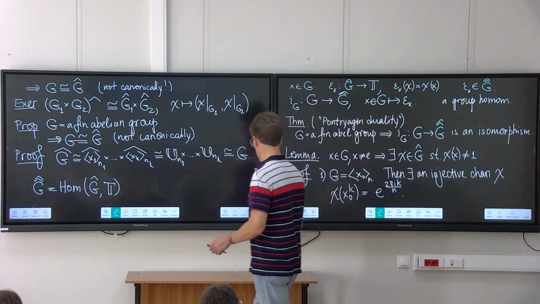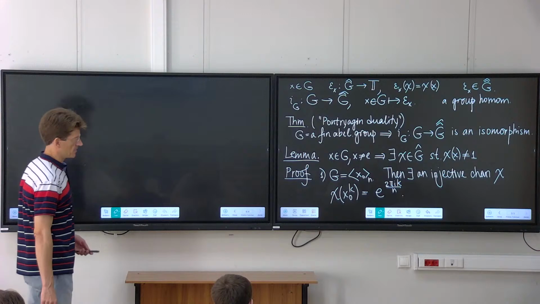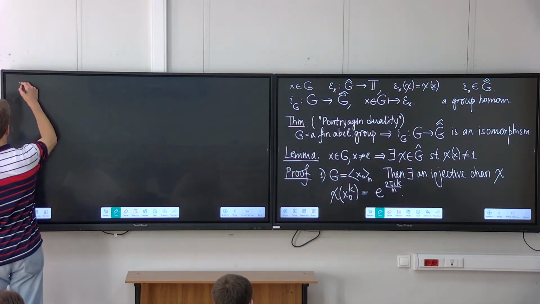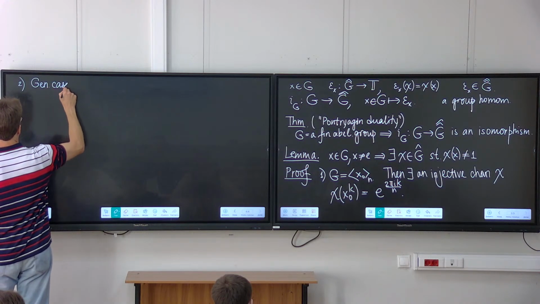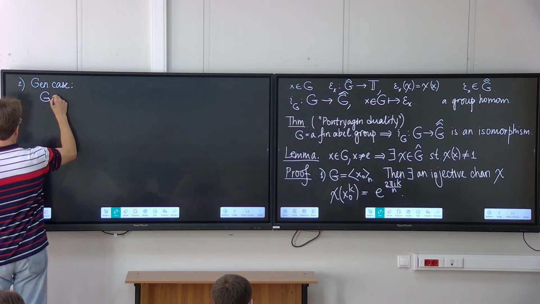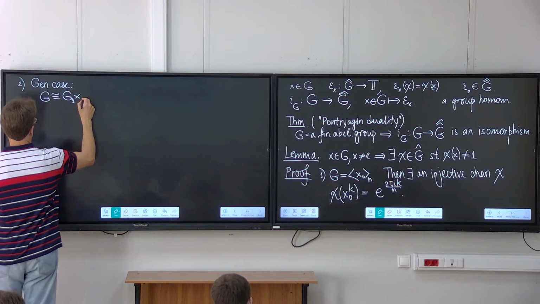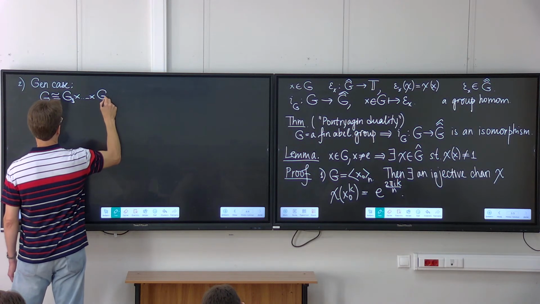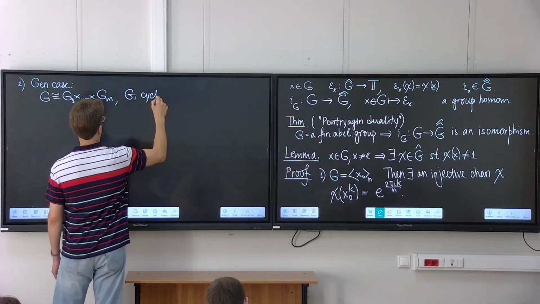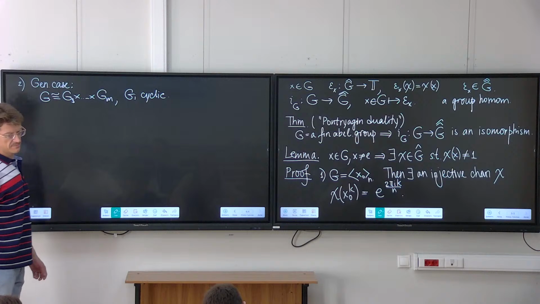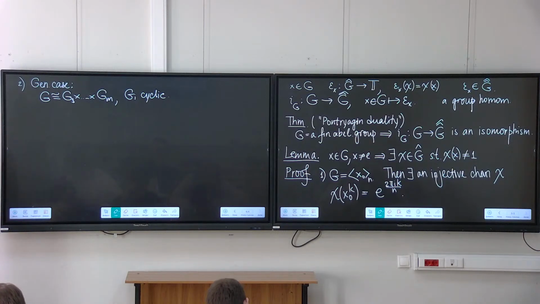If G is not cyclic, then in general we don't have an injective character, but nevertheless we can always decompose G. In the general case, we can decompose G as the product of finitely many cyclic groups. And this solves the problem, because if we have an element in G different from the identity, then some of the coordinates of this element is not equal to 1.